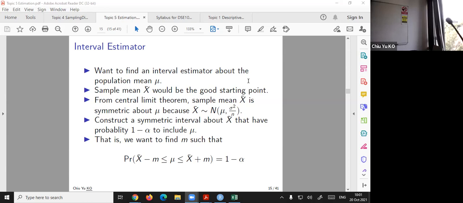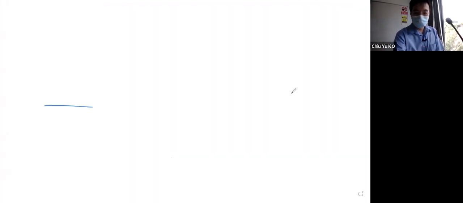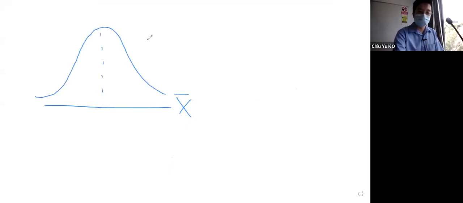Let me draw a picture to give a little more detail. First, X bar by the central limit theorem, as we did in the R class, will look something like this.